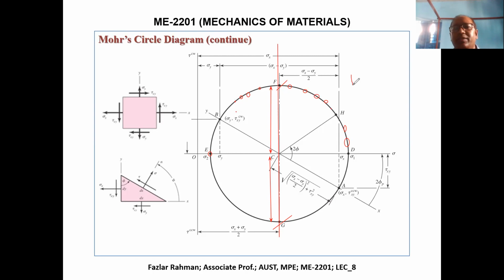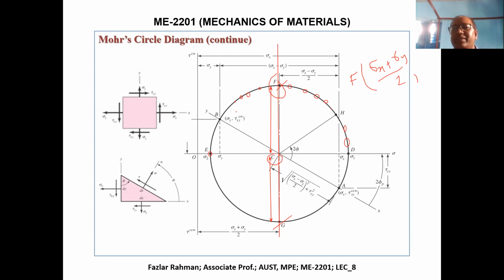So what is the coordinate of point F? For point F, you need the x coordinate, that means sigma. And you see the x coordinates of point C and F will be the same. So the x coordinate will be sigma x plus sigma y divided by 2. What is the tau? Tau will be the radius of the circle. That means this value.